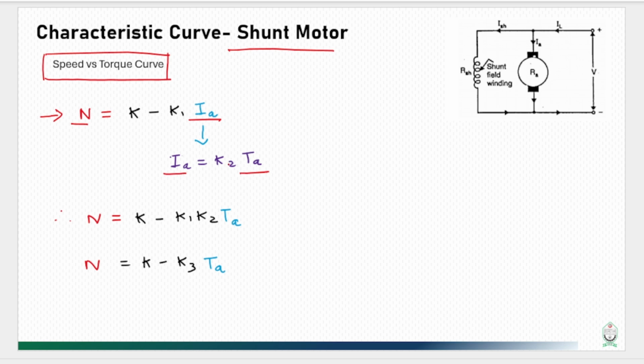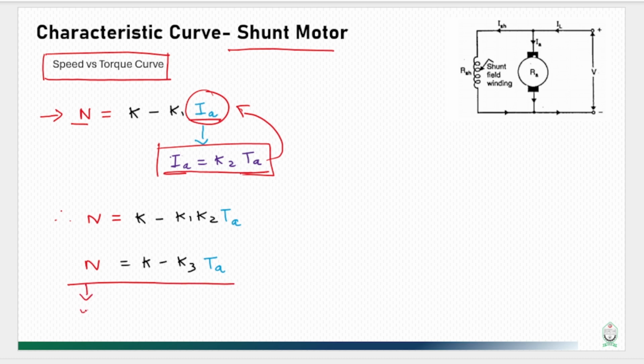So the relationship between them has no flux involved here. So this is a linear relationship like a straight line's equation. So we can replace Ia with this equation. So that will give us a similar equation, as we can see.